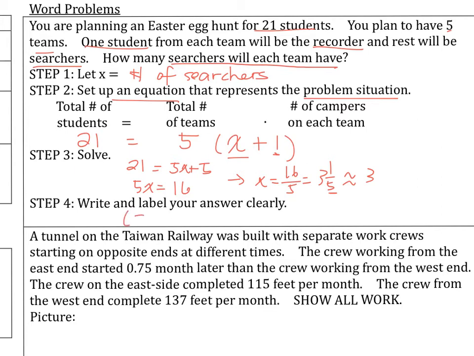If I have 3 searchers plus 1 recorder with 5 teams, that makes 20 people. Then I will only have 1 person left, and I can't have 1 person as a team. So I have to change this.